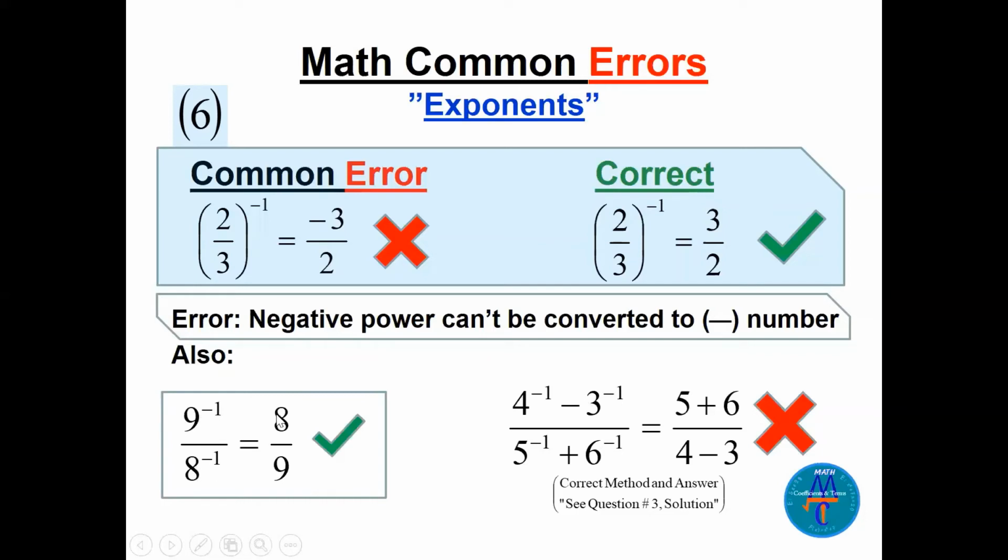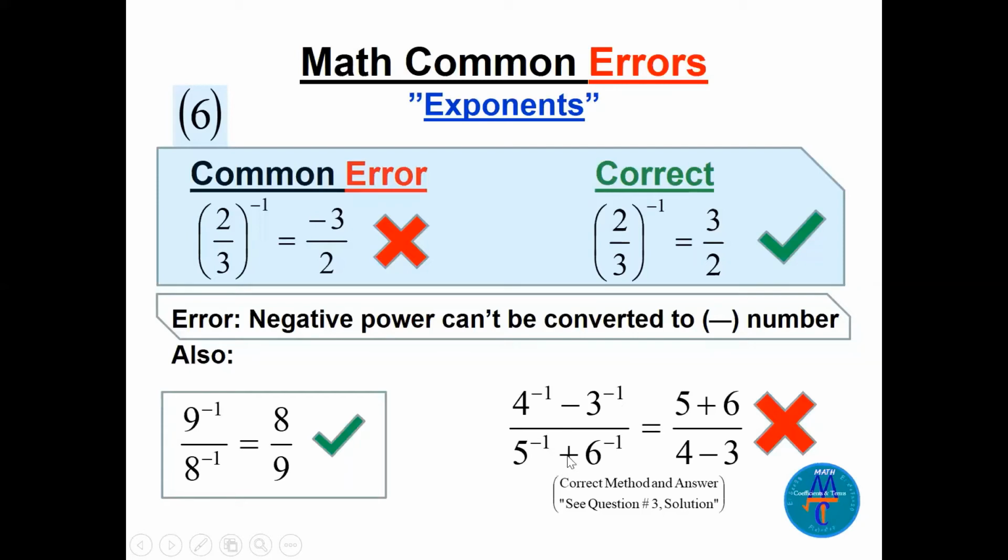There is one condition. We cannot have minuses and pluses between the numbers. If you have multiplication between the numbers, yes, you can do it. But if you have 4 to the power minus 1 minus, that's a subtraction, 3 to the power minus 1, you cannot bring this one down.